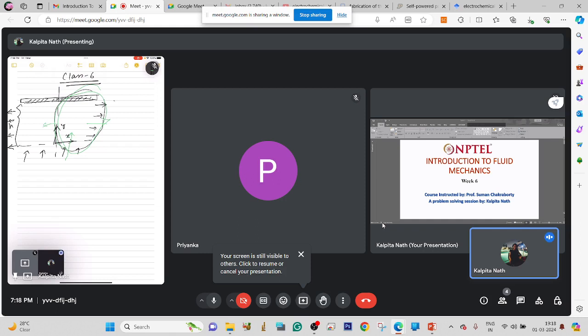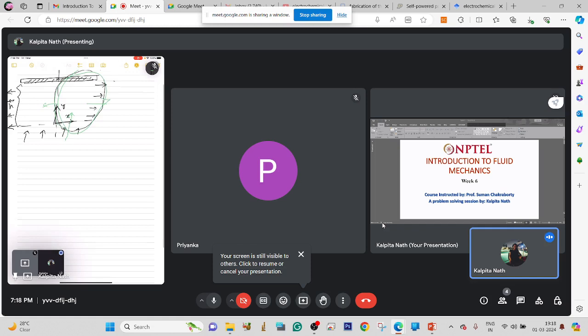Keeping that in mind, we will now consider a control volume. Let's suppose I is the side from where the fluid is entering, and E is the side from where the fluid is exiting.